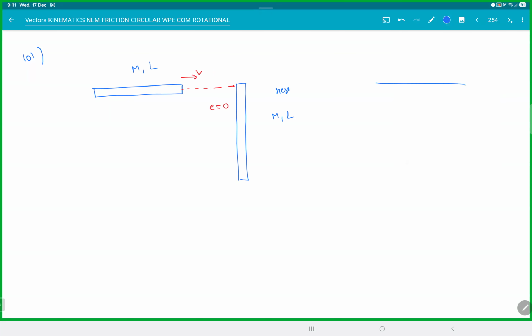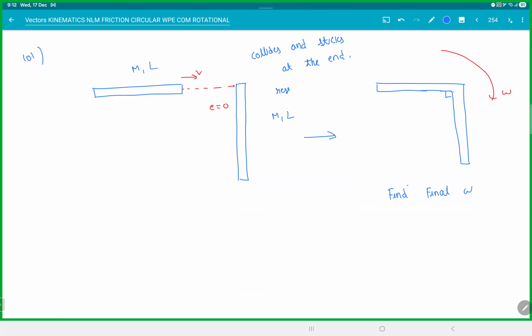After getting stuck, it becomes an L-shaped rod, and this whole setup is rotating with omega. Find omega of the system.